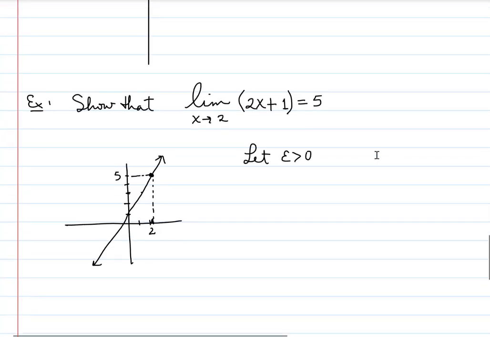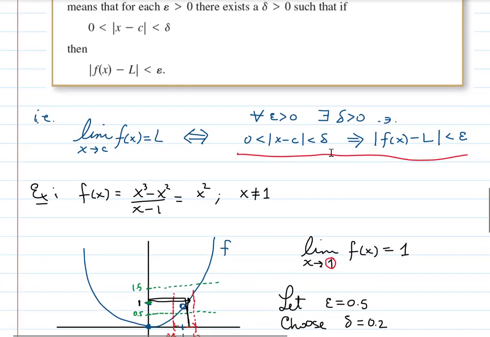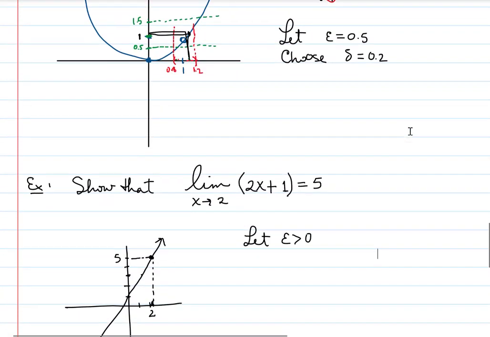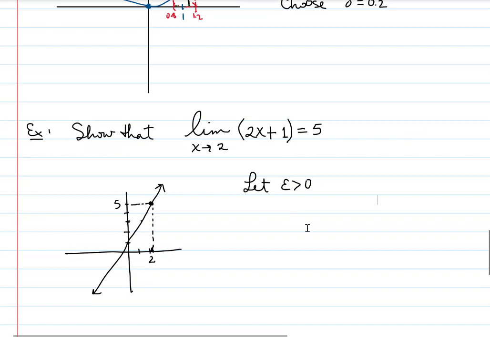So remember what we had in the definition here. We want to make sure this is true. In order to prove this limit exists and is actually equal to this L, we want to make sure this implies that. So we're going to work backwards to find this delta. We'll start from the end here: the absolute value of f of x minus L less than epsilon.